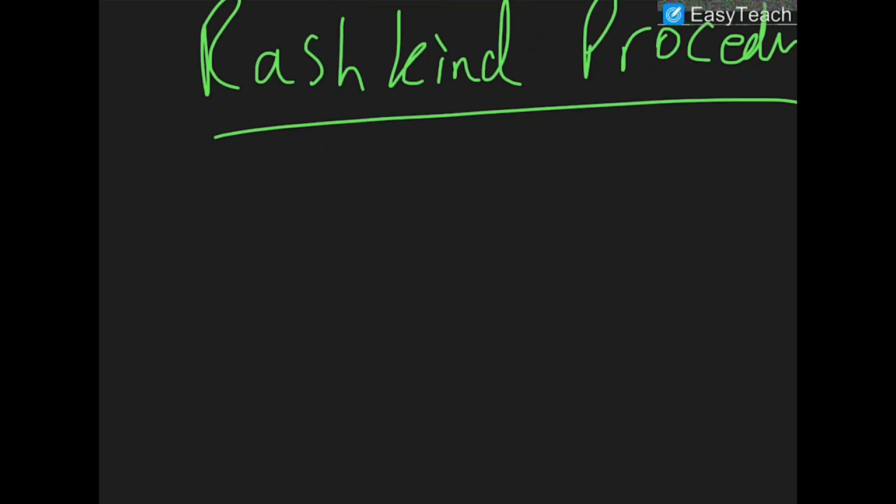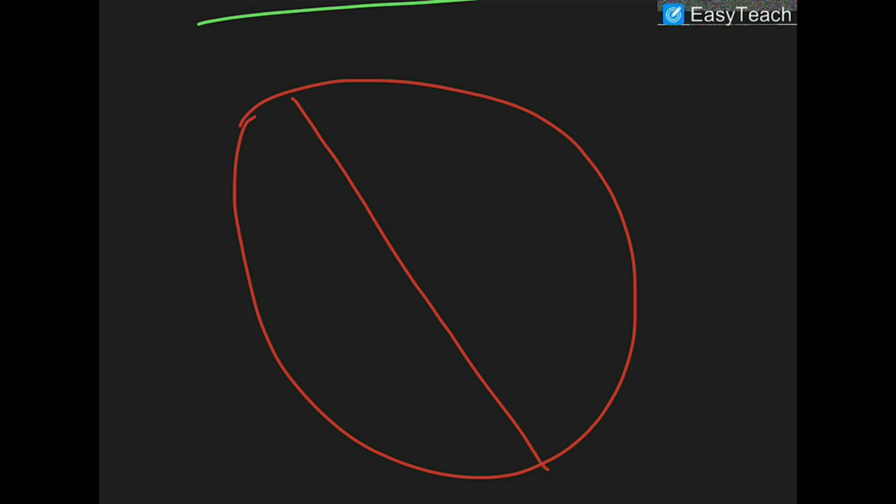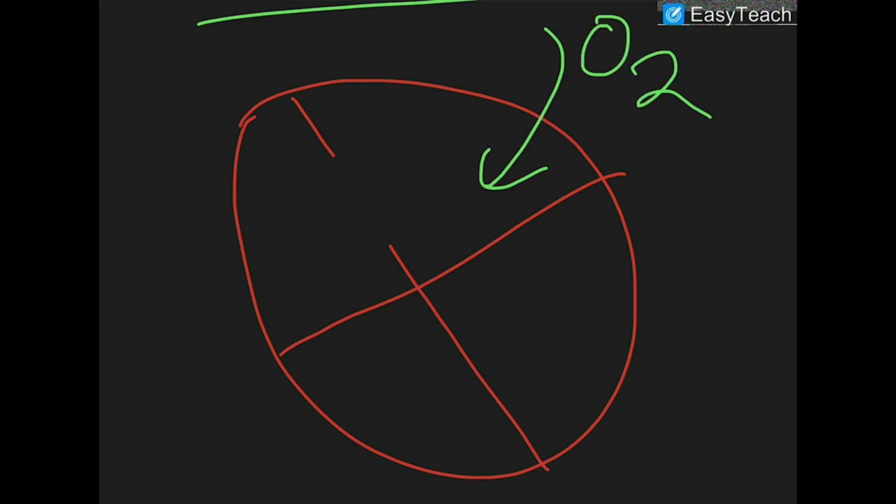So if you have the atria like this, and it's similar to the reasoning that we use for an ASD, if you make a communication between the two atria, then any blood that's coming to the left side of the heart, which is oxygenated, right?